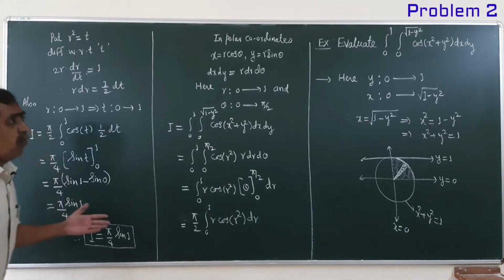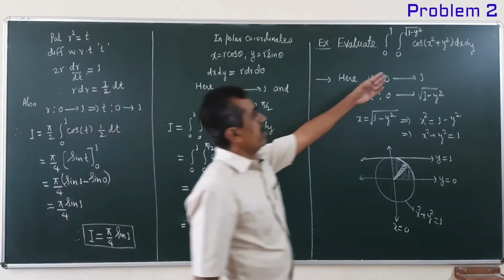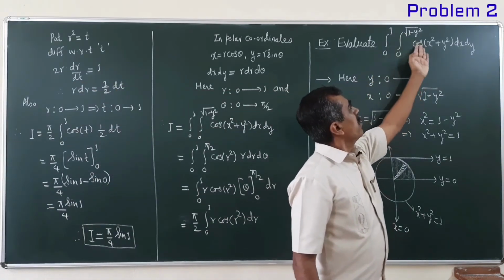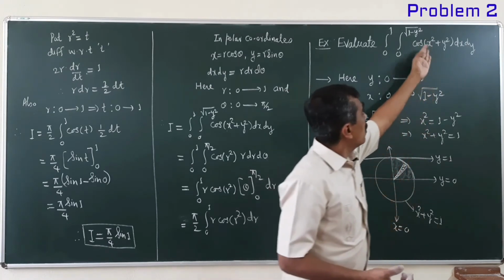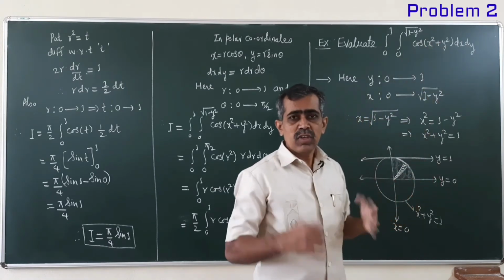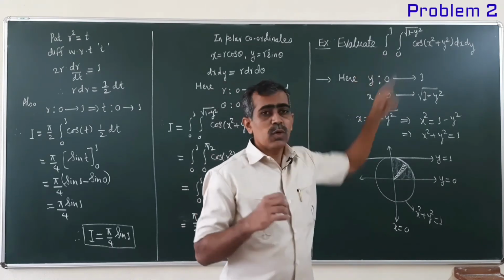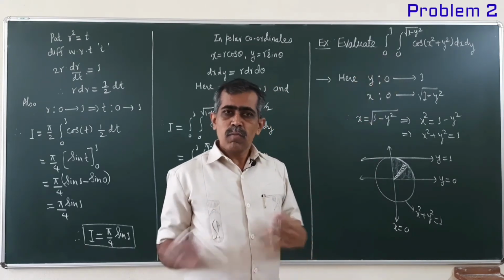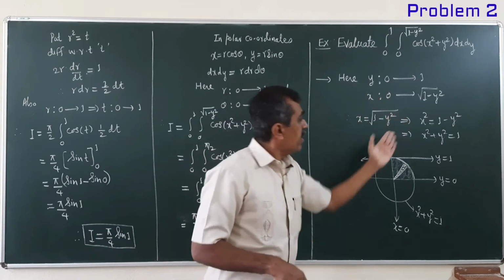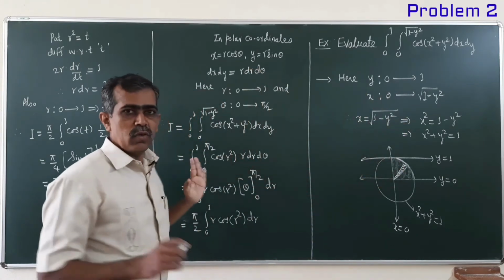So this is how we have evaluated the integral of a complicated function using change of variable from Cartesian to polar, making the integral easy to evaluate.